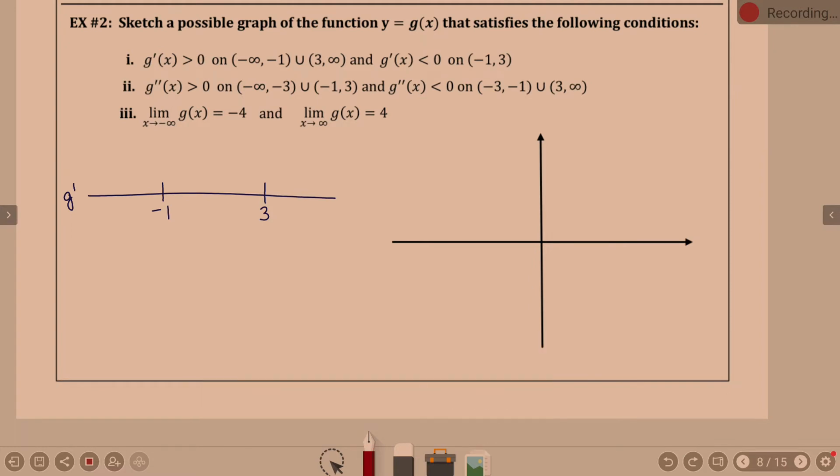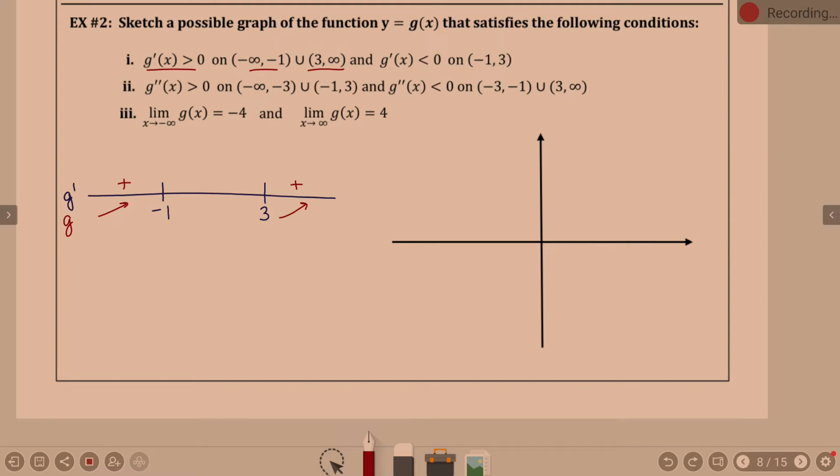The first derivative is greater than 0 from -infinity to -1 and 3 to infinity. So what does that mean my graph is going to be doing in those 2 sections?